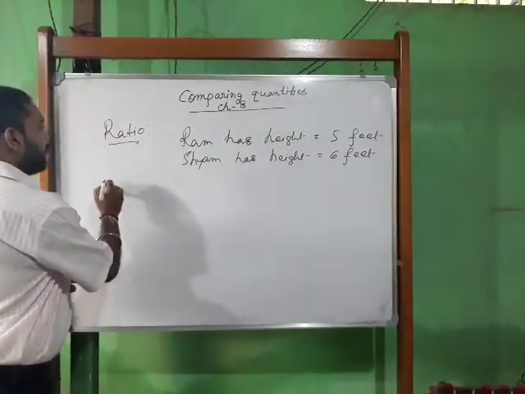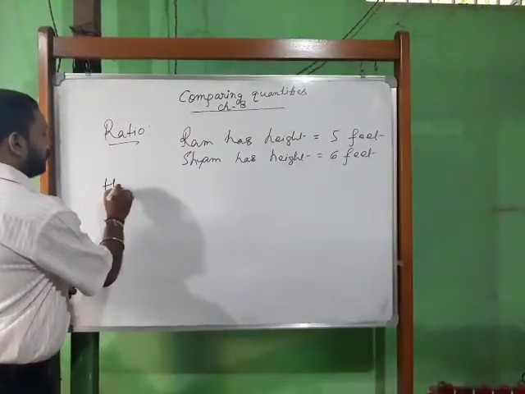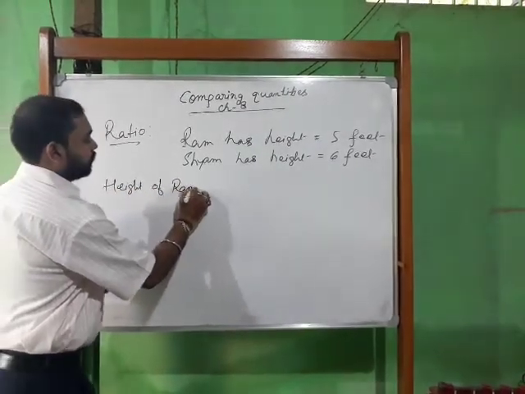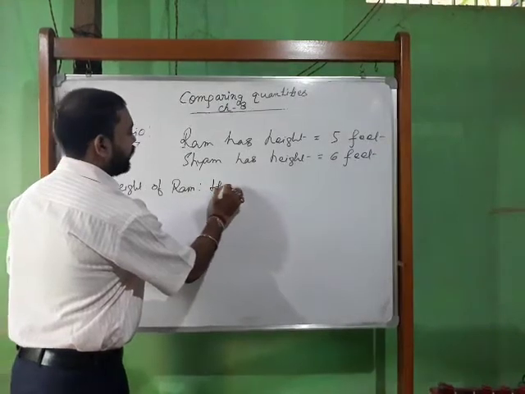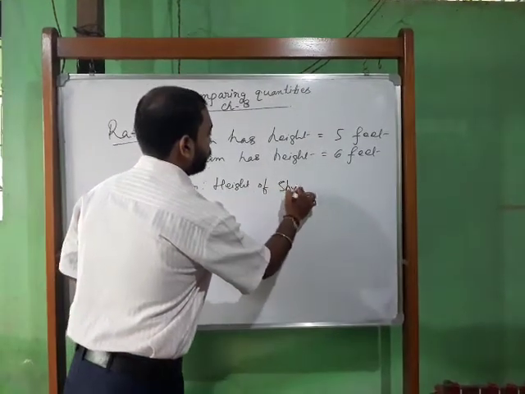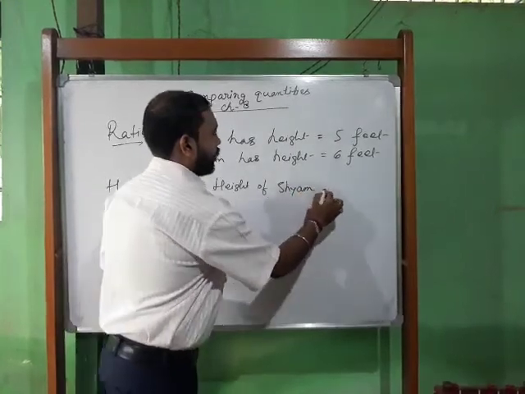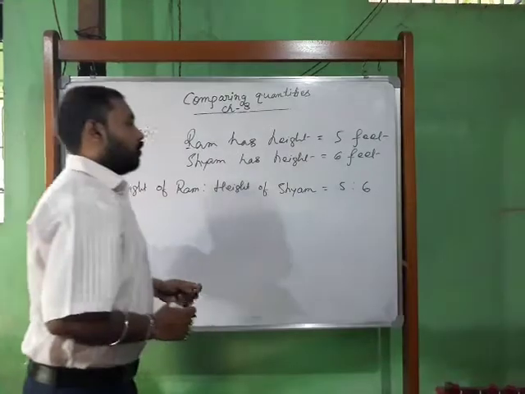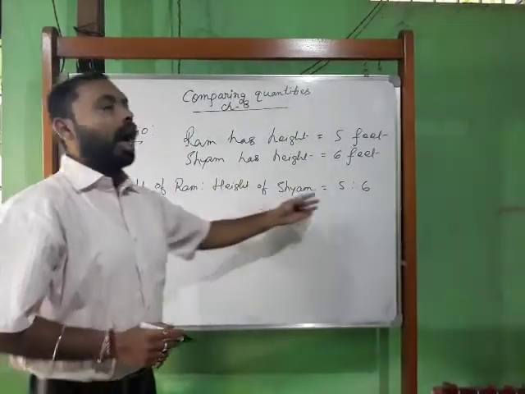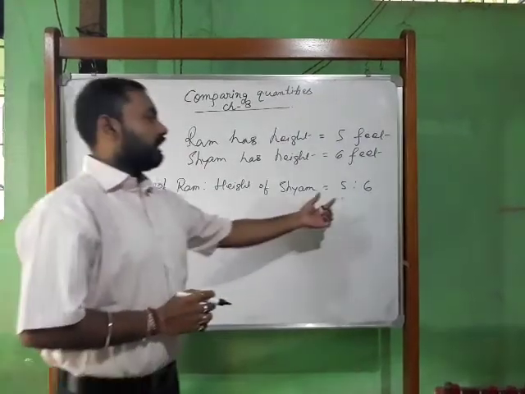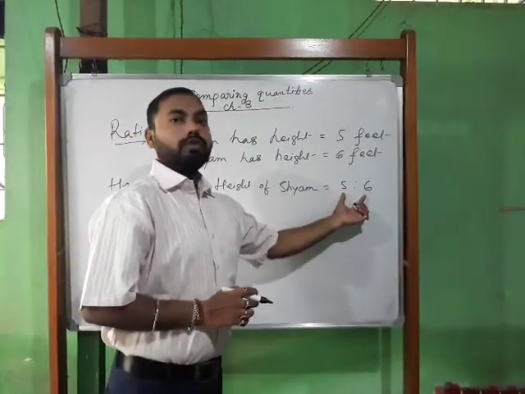So this can be written as height of Ram is to height of Shyam, it is equal to 5:6. So this is the way how we can compare the quantities, and this is known as ratio 5:6.